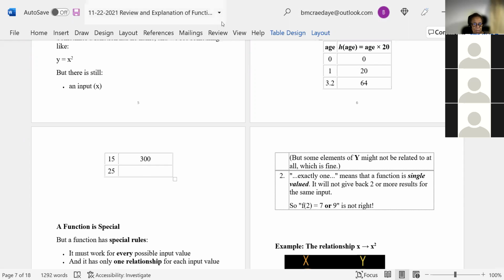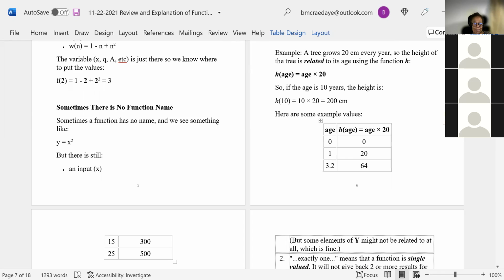You have your formula. The height of the tree for an age of 25 is the age 25 times 20. What is 20 times 25? 20 times 25 is 500. That's right, 500. So that means the height would be 500, and that would be in centimeters.